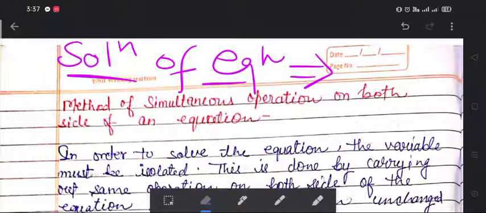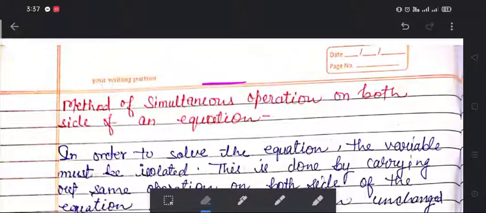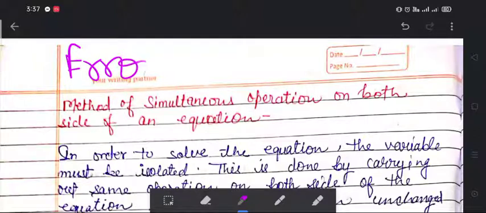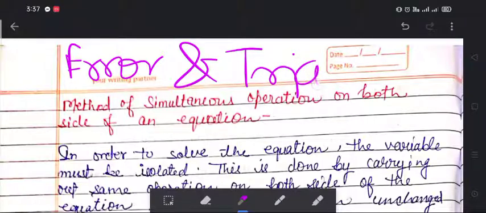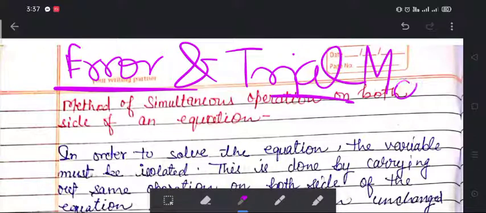We also discussed a method in our previous class known as the trial and error method.